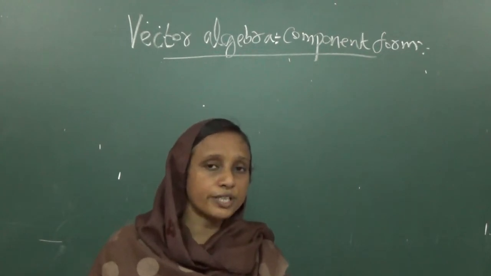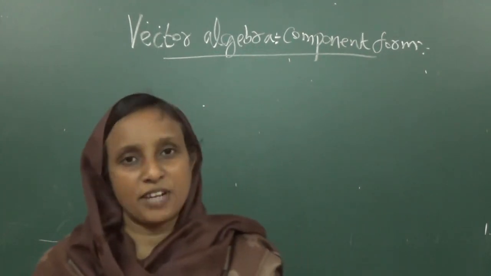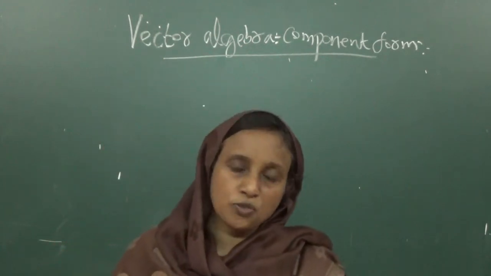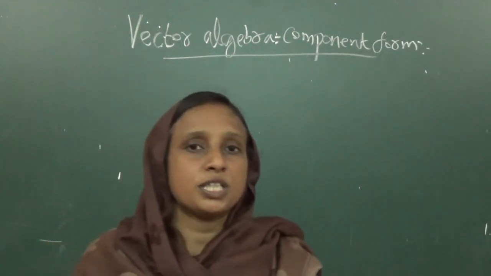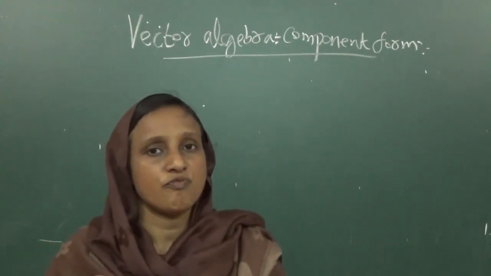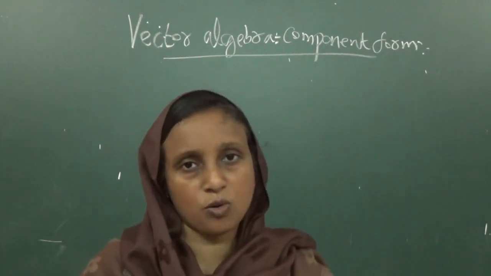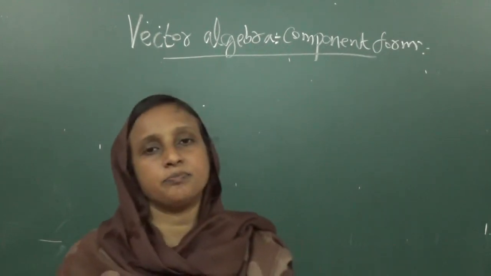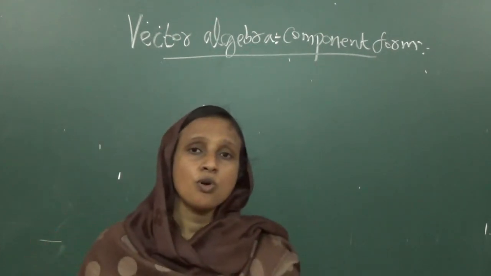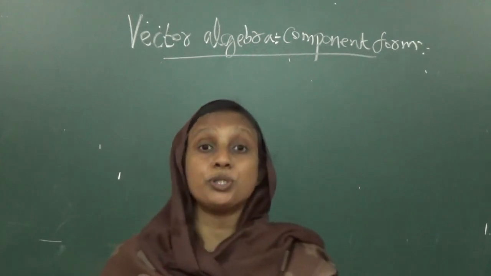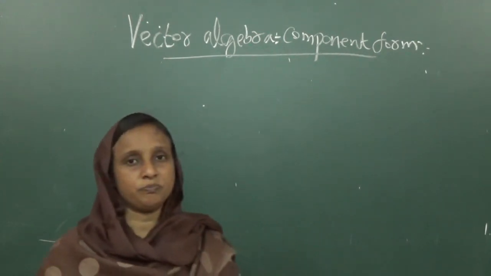We have already learned it in its abstract form: what is a vector, what are the properties of vectors, and what are the different operations which can be performed using vectors. We have already studied all these things. So now we have to check how to write a vector in component form.